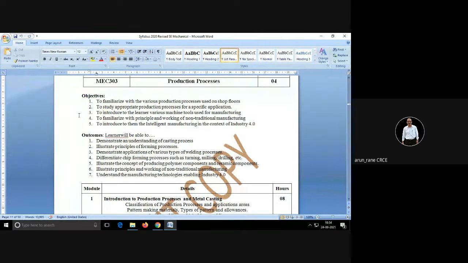So at the end of the semester, what is the outcome of the course and what is the outcome of the program? And this CO and PO have to be mapped. That is, we have some program outcomes and we have some course outcomes. So what is the relation between these two? That is what is called the mapping.